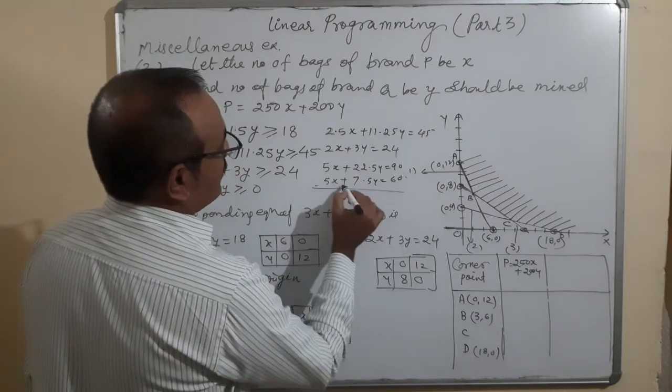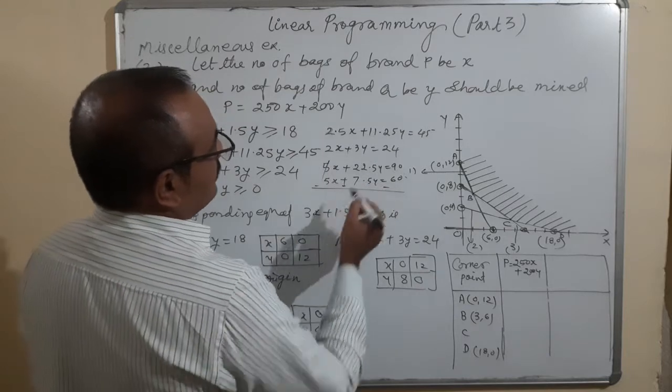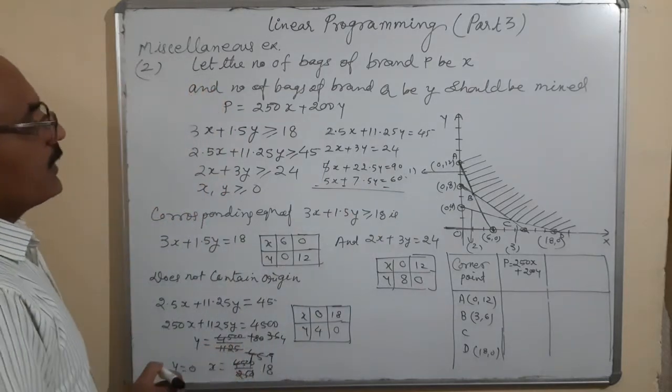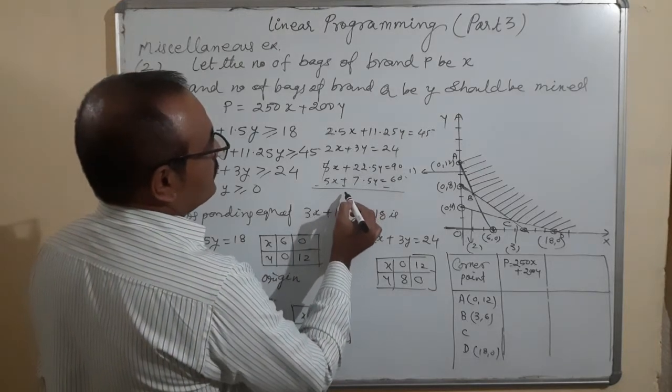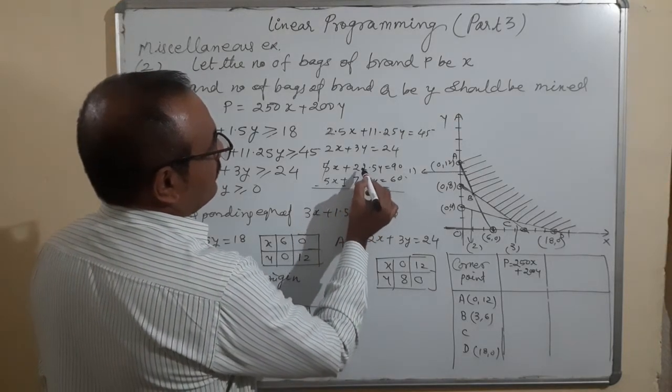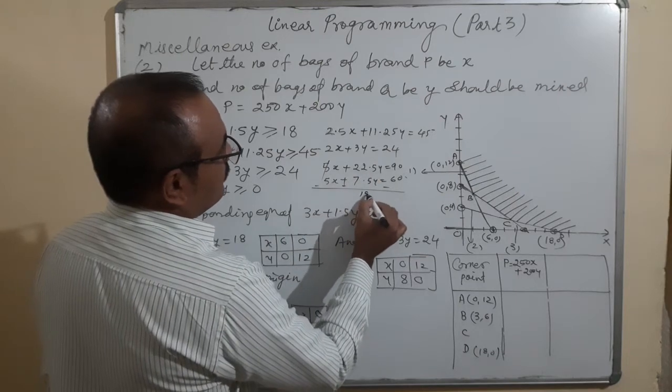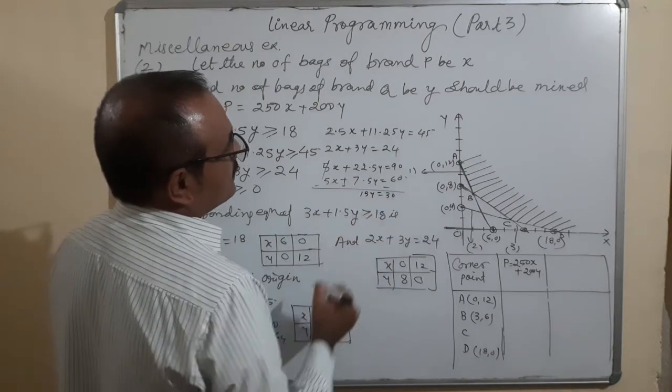Okay, subtract and cancel the x terms. 22.5 minus 7.5 is 15, so 15y = 30. So y is equal to 2.